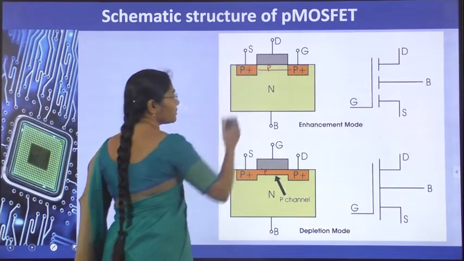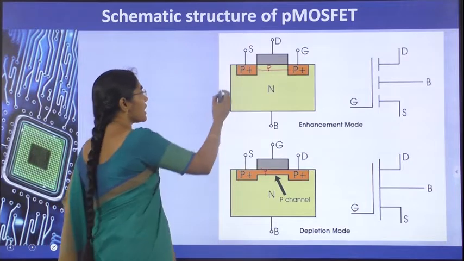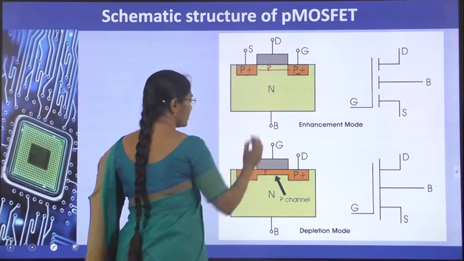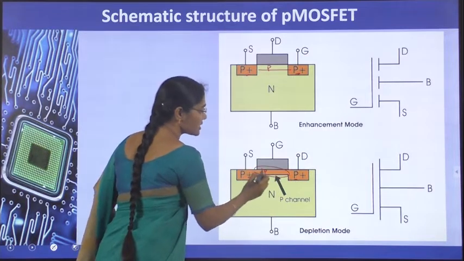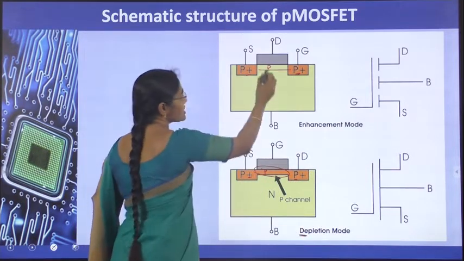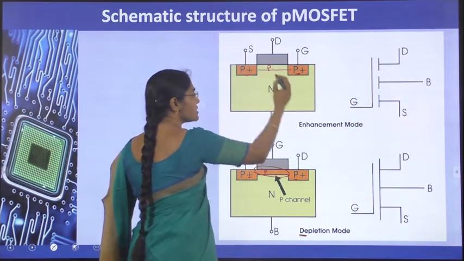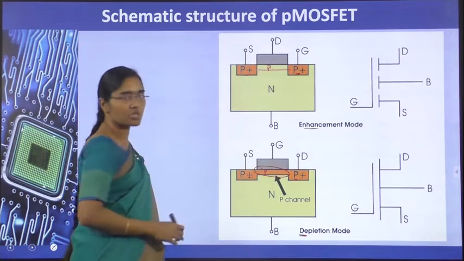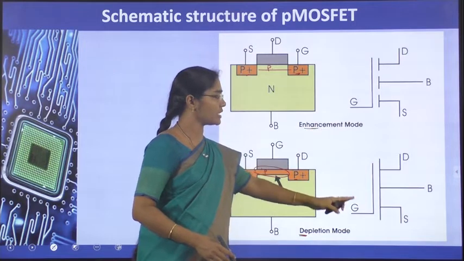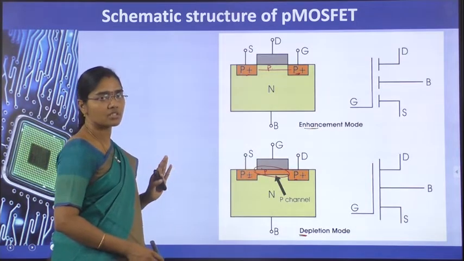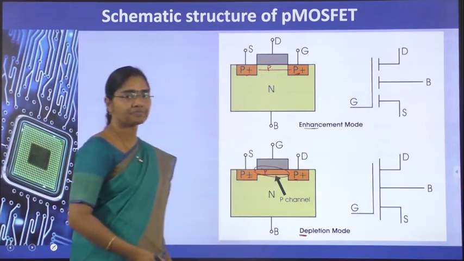If a channel wants to become P, then source and drain have to be P. So in PMOS, source and drain are P plus, the channel is P, and the channel is physically existing in the depletion mode transistor, and the channel has to be created electrically, so there is no channel physically, in the enhancement mode transistor. This is the enhancement mode PMOS transistor symbol, and this is the depletion mode transistor symbol, with broken line and without broken line.